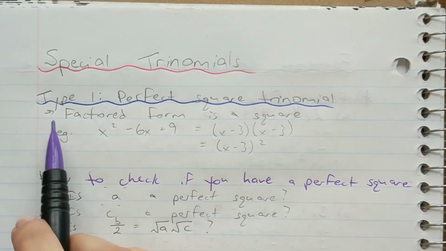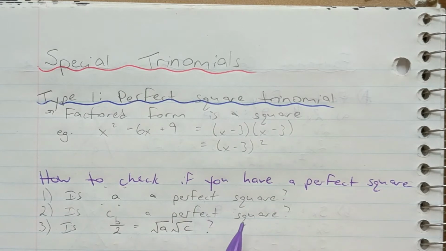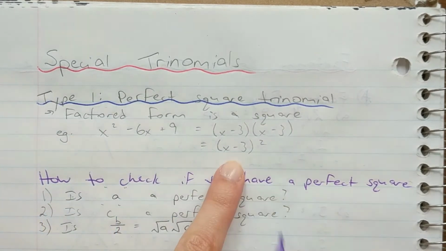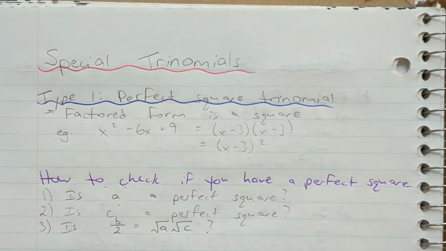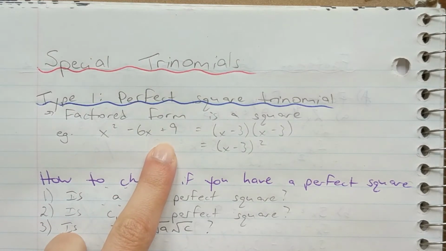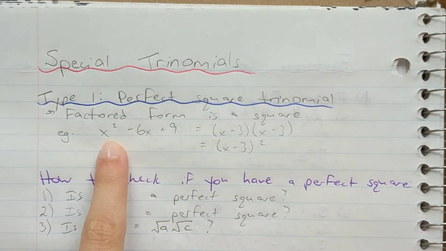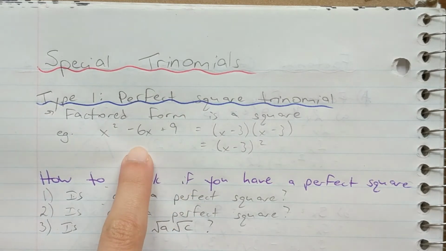The first type of special trinomial we're going to talk about is a perfect square trinomial. A perfect square trinomial is one where the factored form is a square, and so you can see here I have gone through and factored x squared minus 6x plus 9. I looked for two numbers that multiplied to positive 9 and added to negative 6.